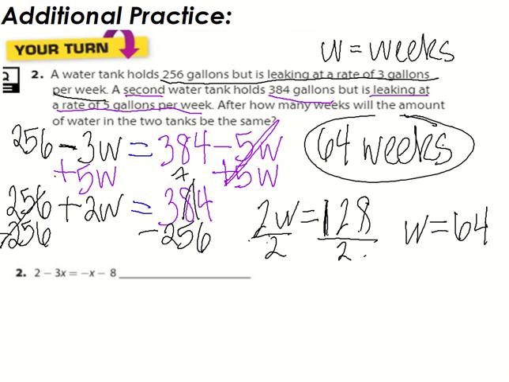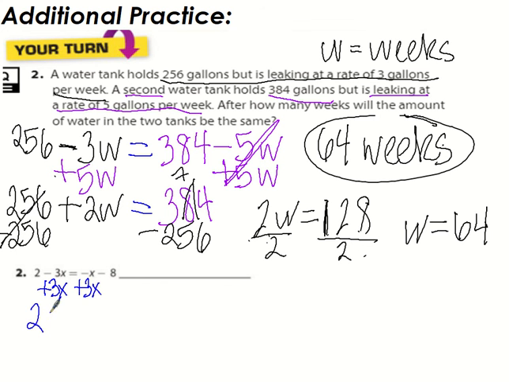Okay, so the next problem says 2 minus 3x equals negative x minus 8. So this would be a good place to maybe pause, try this one out on your own, and then push play once you think you have the correct work. So I would first move this negative 3x because that is a smaller coefficient than this negative 1.